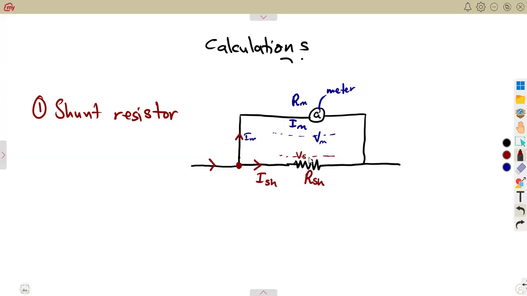We are going to have the voltage across the shunt, which is the same, as this is a parallel combination. What about this current? This becomes our load current, which is the current supplying these two.